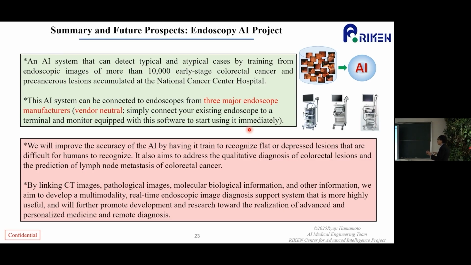By linking CT images, pathological images, molecular biological information, and other information, we aim to develop a multimodality real-time endoscopic image diagnosis support system that is more highly useful and will further promote development and research towards the realization of advanced and personalized medicine and remote diagnosis.